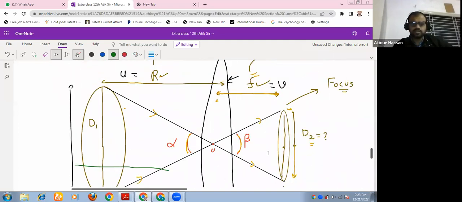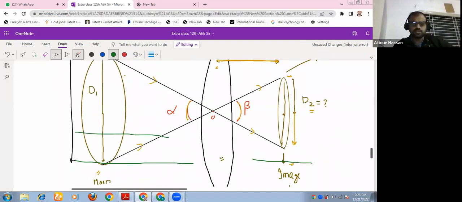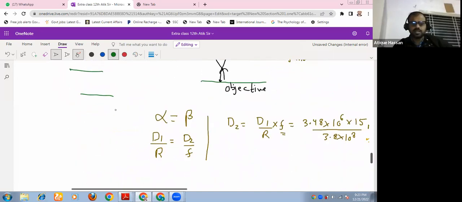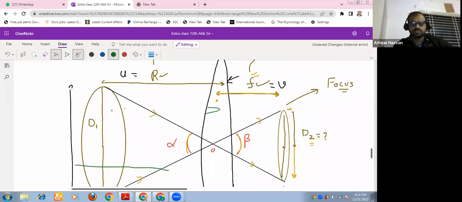So now what will happen from there? Obviously, this angle and this angle should be the same. What is the value of alpha? Suppose the diameter of the moon is d1, and this distance is the distance of the moon from the observer. So you can write angle alpha using the arc formula. Angle is arc length upon distance, right?